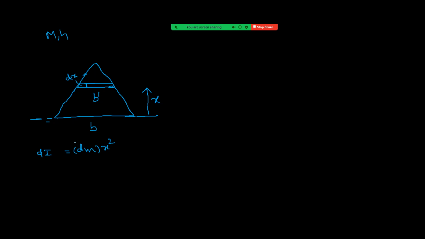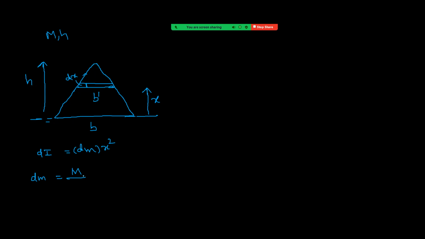Now focus on how to get its mass. Given this height equal to h, since it is a plate, a two-dimensional body, we are focusing on mass per unit area. So dm equal to m upon area.